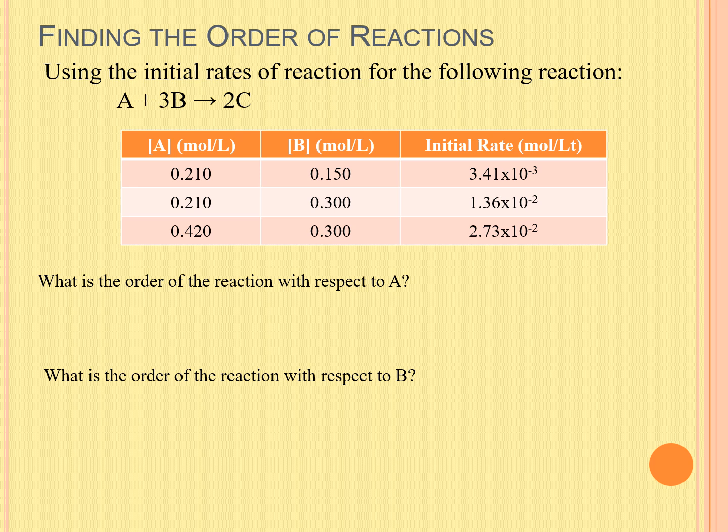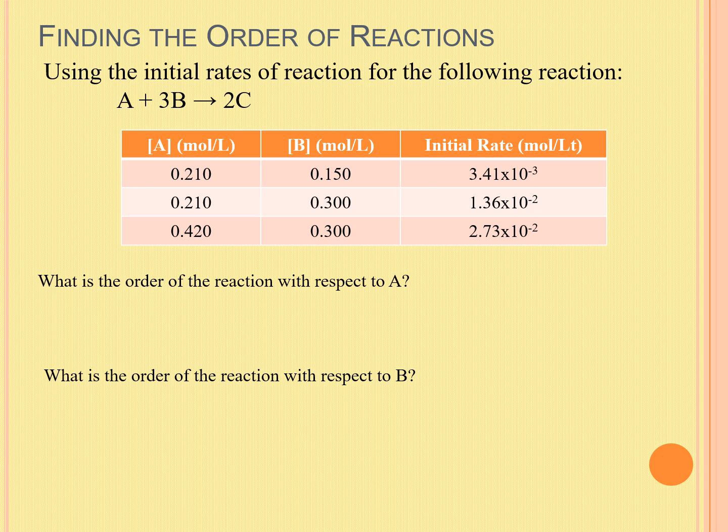So now let's find the order of reactions by using some data that was collected experimentally. So in this case, we have A plus 3B is going to 2C. All right, notice that we have run 3 different trial runs, right? We have varied concentrations of A and B, and then determined the initial rate of the reaction.